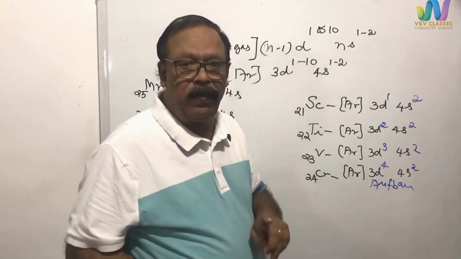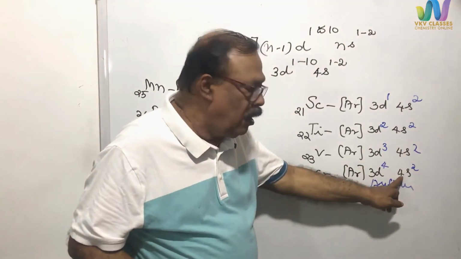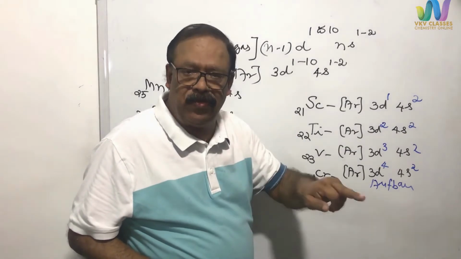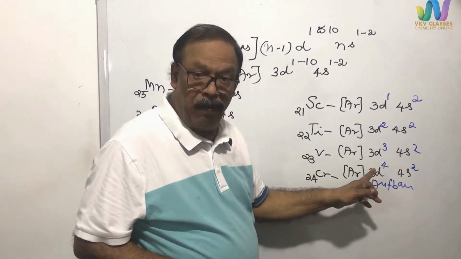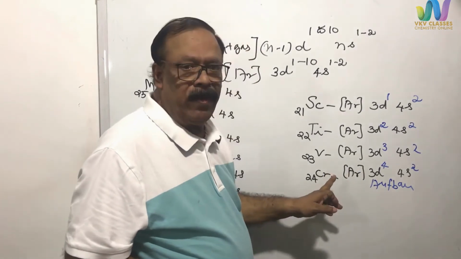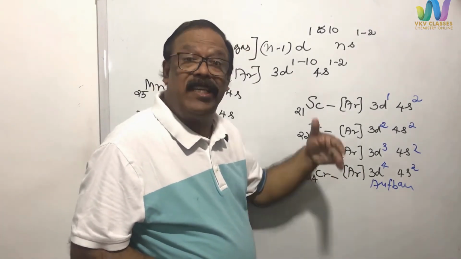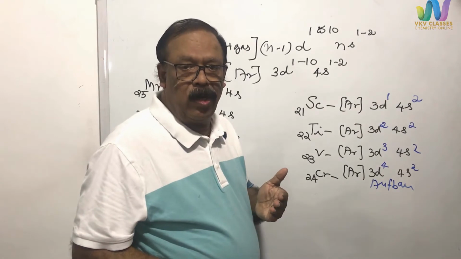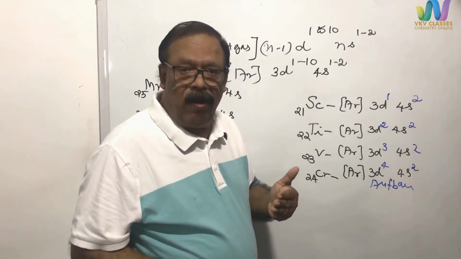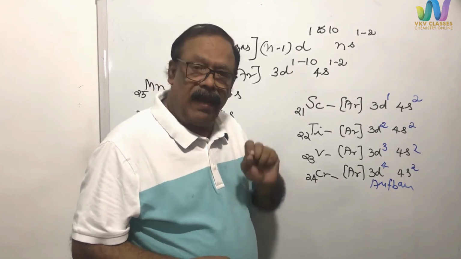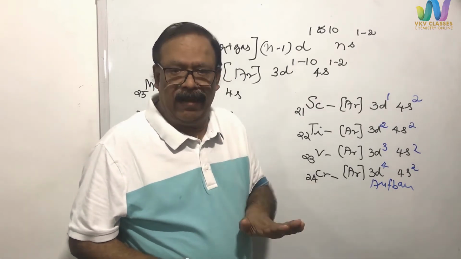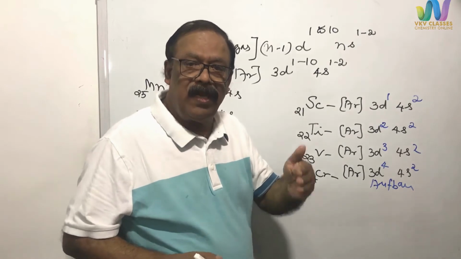According to Aufbau principle, the lower energy orbital 4s has to be filled first, then only the d orbitals will be filled up. But in chromium, the configuration is against the Aufbau principle because of the stability of exactly half filled d orbital. The capacity of d orbital is 10, so exactly half filled means 5.